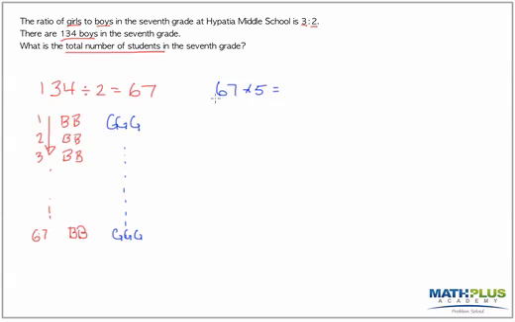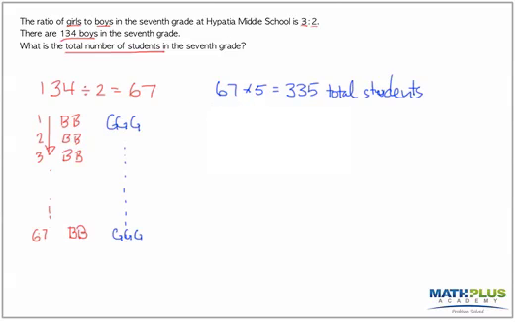And that is 60 times 5 is 300, and 7 times 5 is 35, so that's 335 total students. So this is one way to solve this problem using ratios.